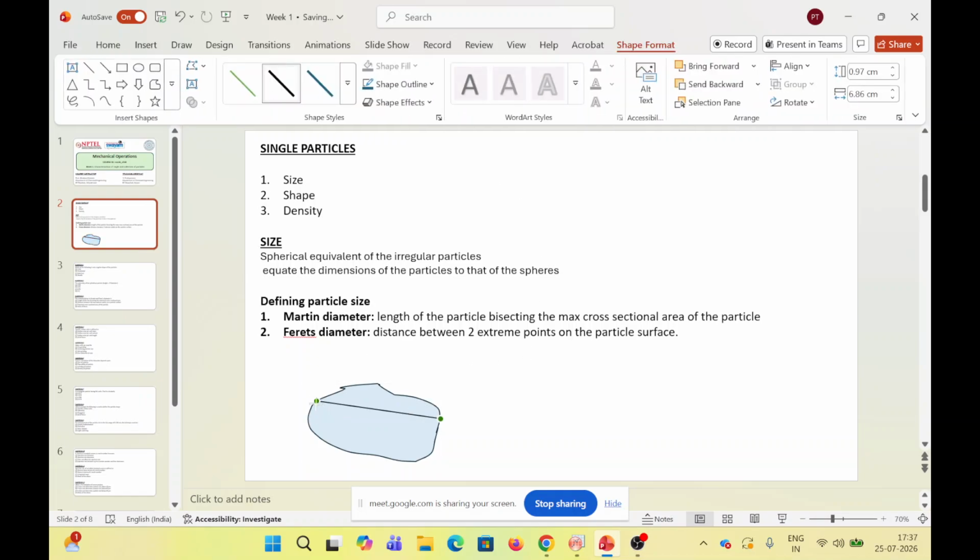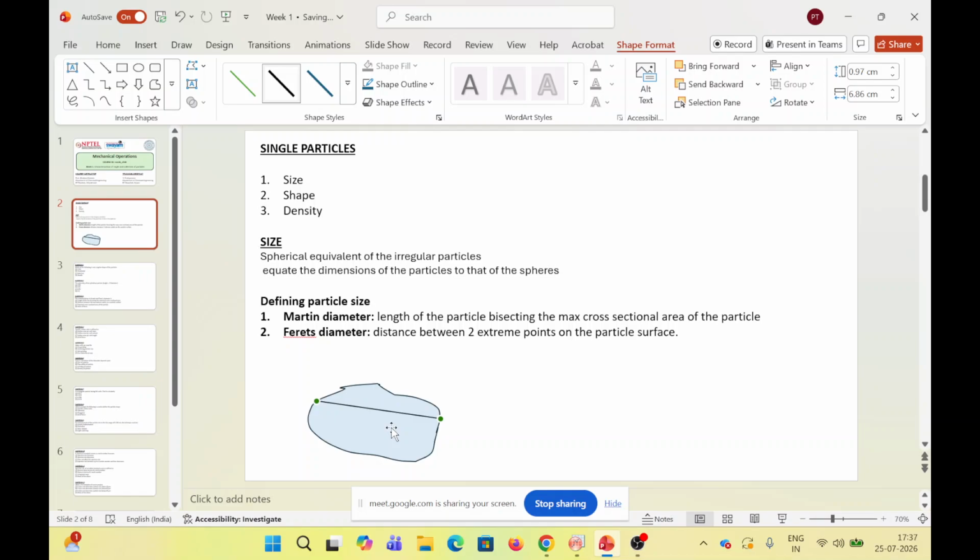Now I do the same thing throughout the surface of the irregular particle. Wherever the length between two points is the maximum for this irregular shaped particle, that length is called the Ferret's diameter.